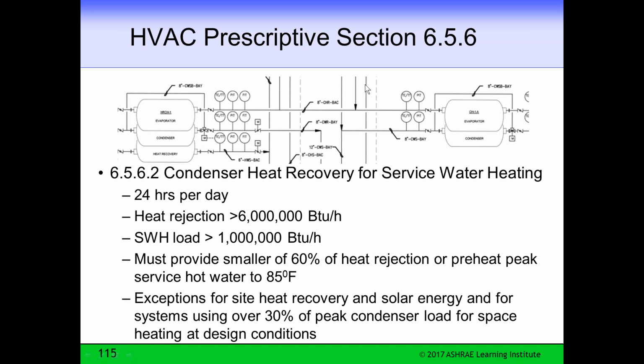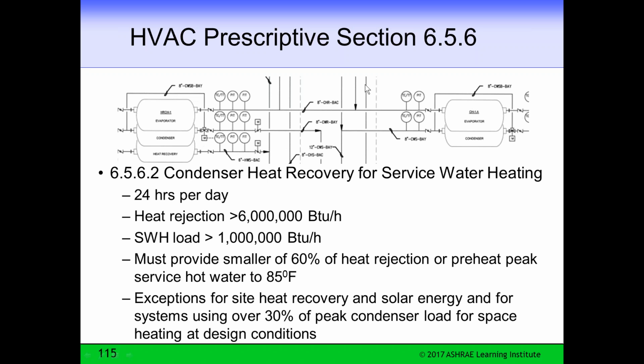Now, the requirements are that the facility is operated 24 hours a day. It has a heat rejection of greater than 6 million BTUs. It has a service water heating load of greater than 1 million BTUs. You must provide the smaller of 60% of heat rejection or preheat peak service water to 85 degrees.